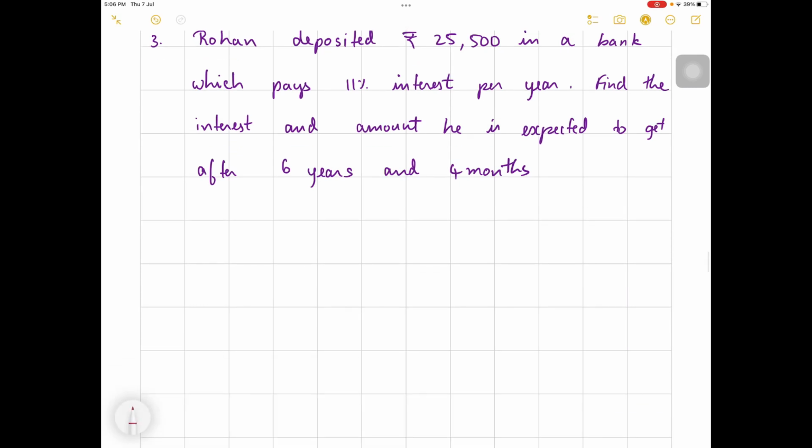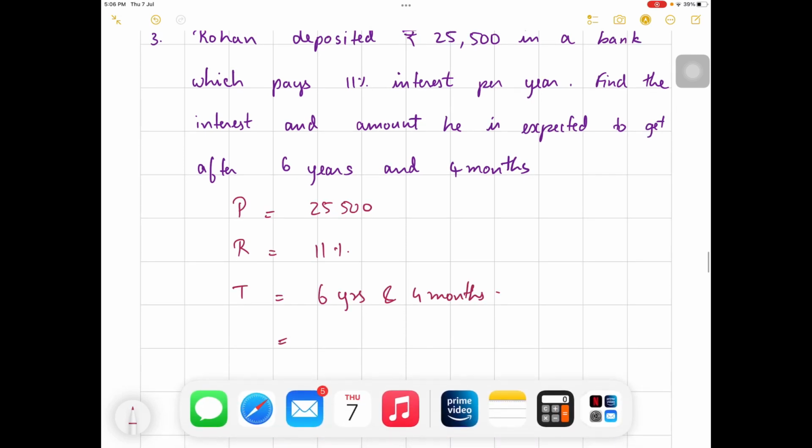Okay, so now here principal is given as 25,500. Rate of interest is 11%. Term is 6 years and 4 months. Let's convert 6 years into months only.